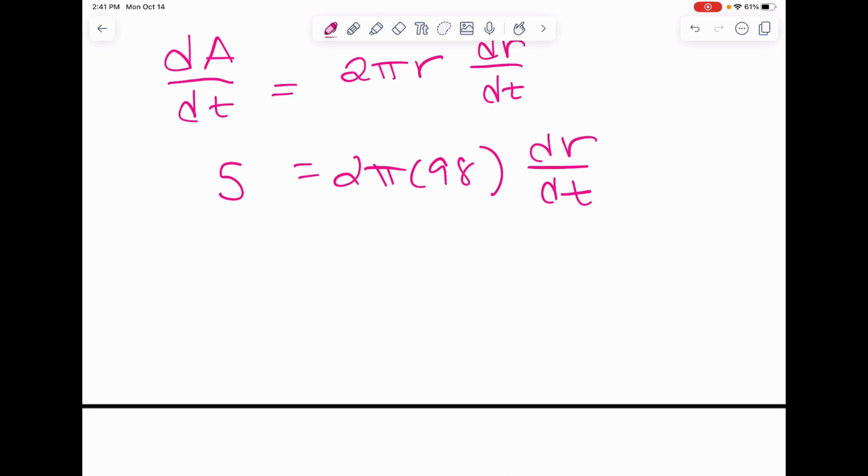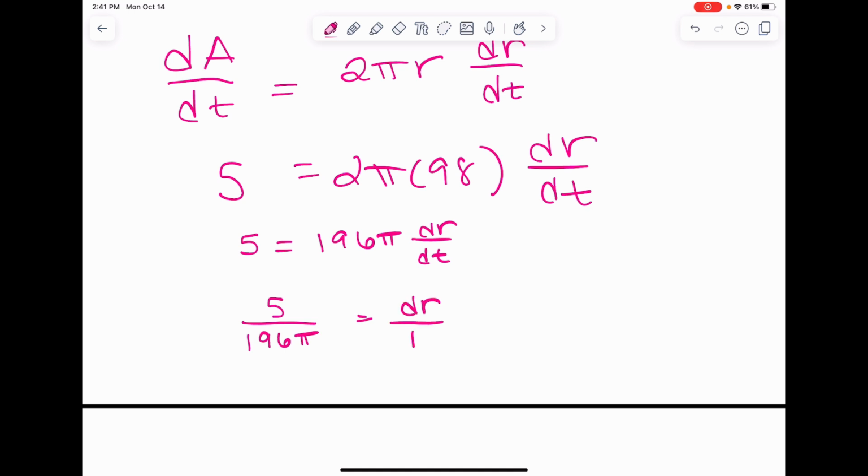All right, so we can clean this up a little bit just like we did on the previous problem here. So this is 5 is equal to 196 pi dr/dt. And when we solve for dr/dt, we get 5 over 196 pi. And that would be our answer for number 2.